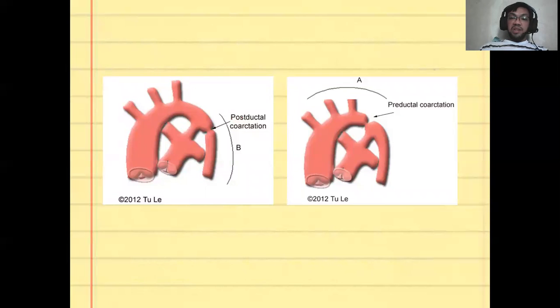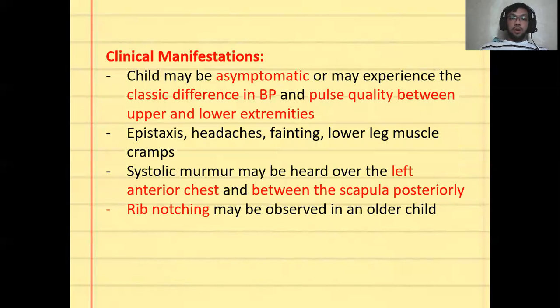As you can see in these illustrations here, there is narrowing of the aorta. Again, the child may be asymptomatic or may experience a classic difference in blood pressure. This is a classic sign of coarctation of the aorta.